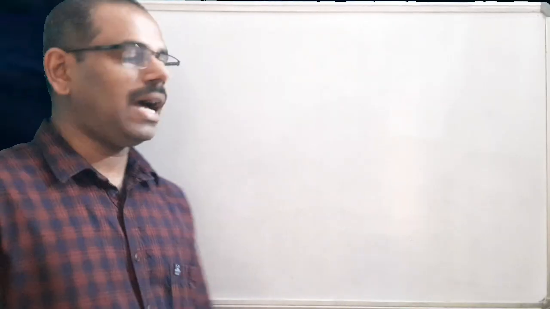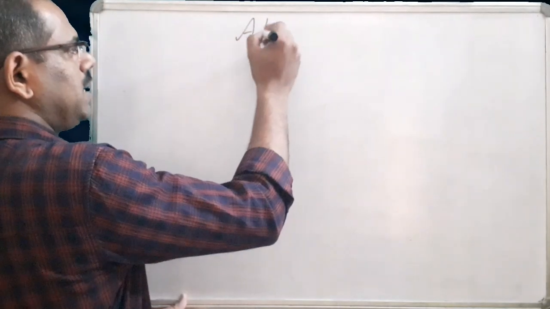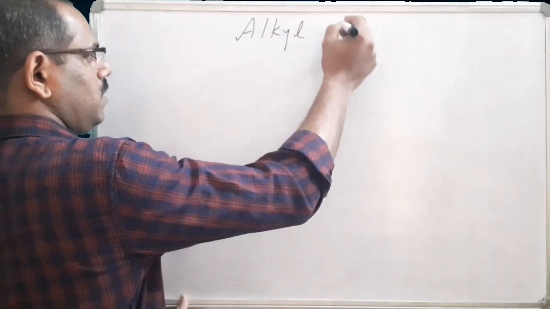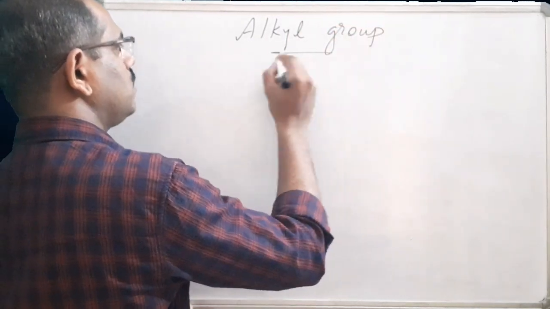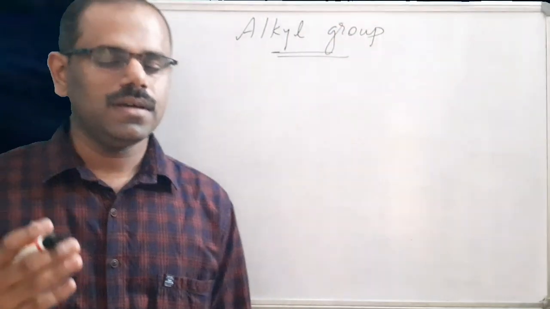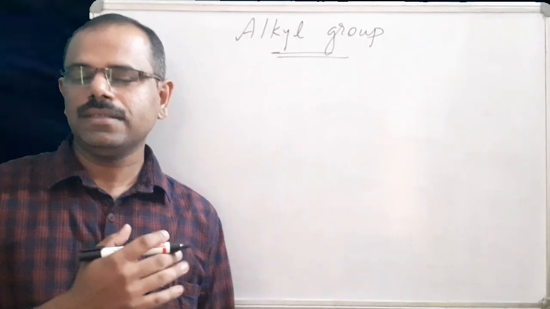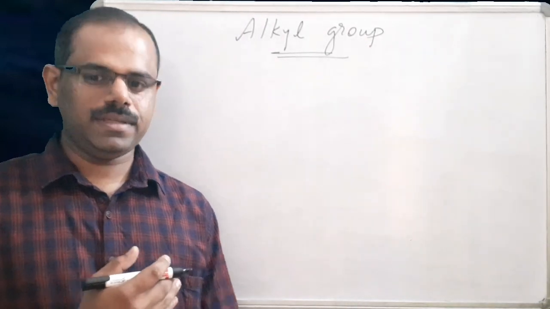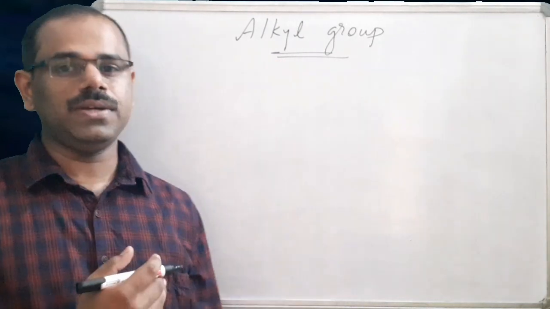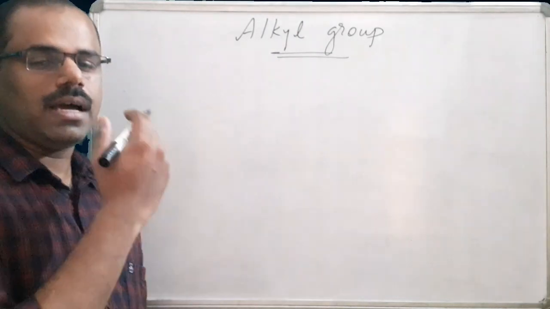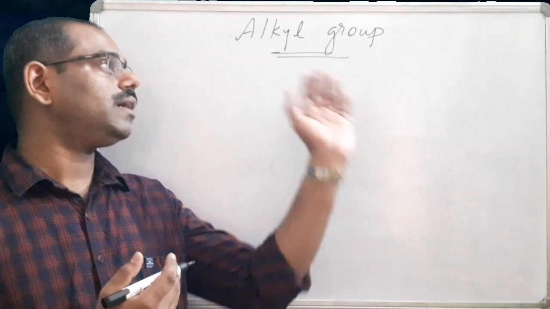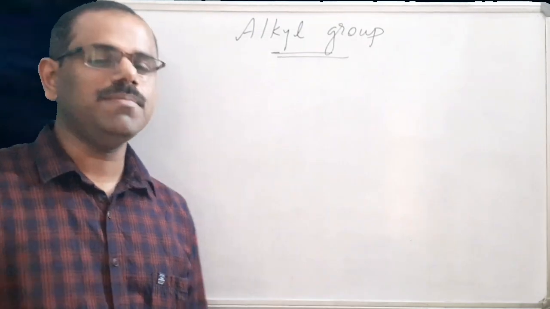Now we see what alkyl groups are. Alkyl group. Okay. So we have seen alkane, alkene and alkyl. Now it is alkyl group. Okay. Alkane, alkene, alkyne and alkyl. Fourth one. Okay. So it is simple.